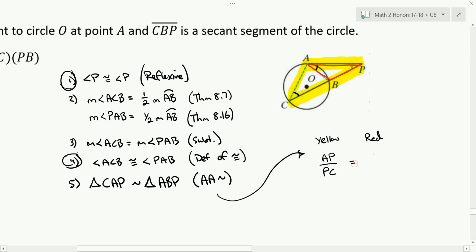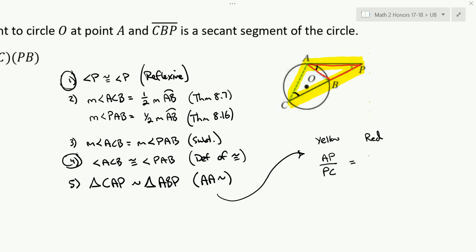Now for red, what would that be proportional to? AP would be similar to which side in the red triangle? If you get confused, look at the ordering. A and P are the last two letters.